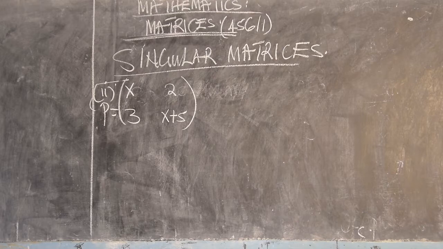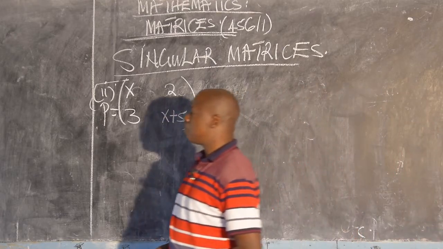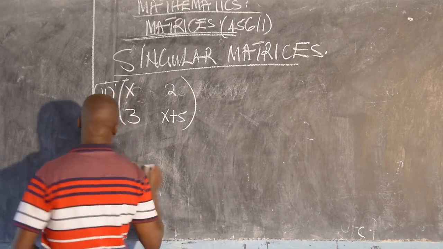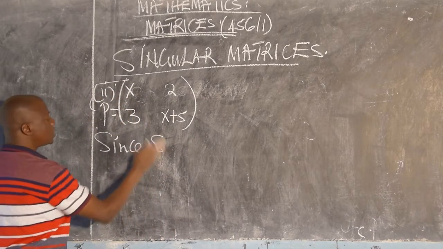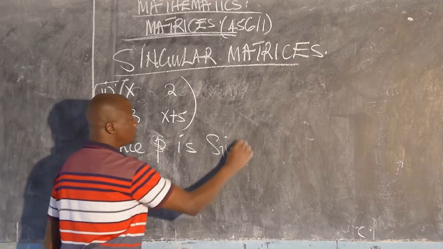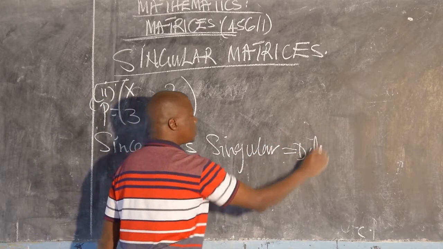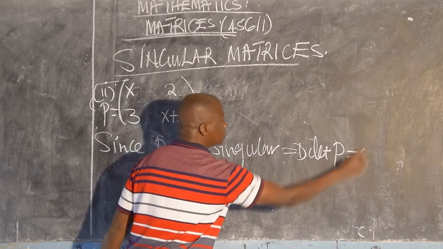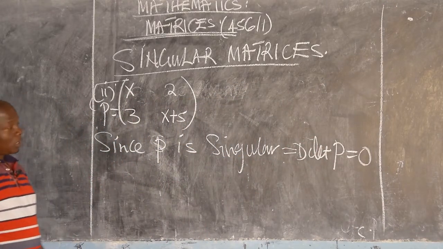For that case, allow me to get the determinant of P. But before we talk about determinant, we shall quote, since P is singular, this implies that determinant P equal to 0.